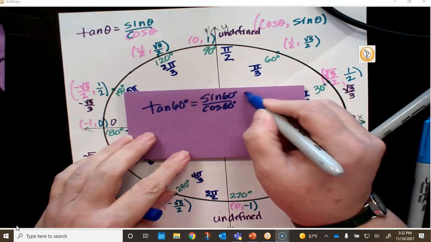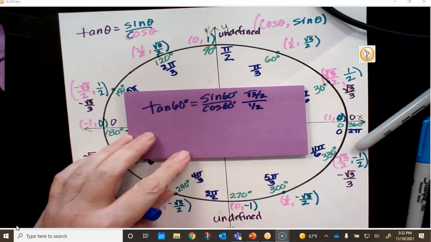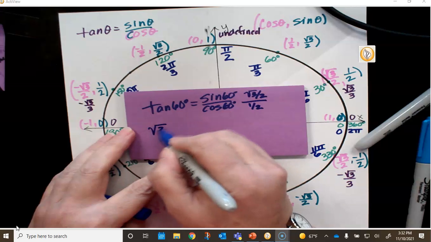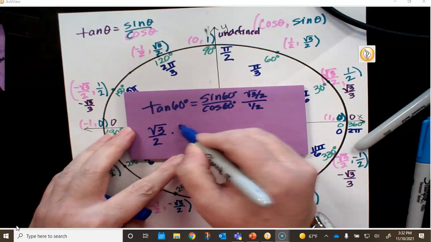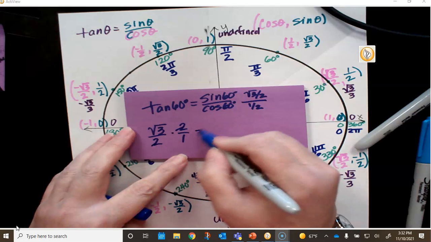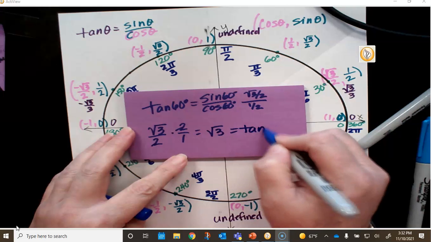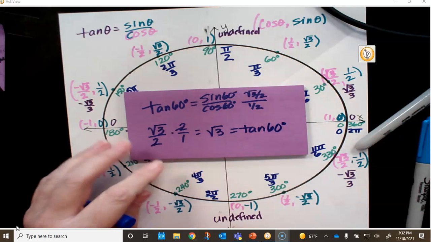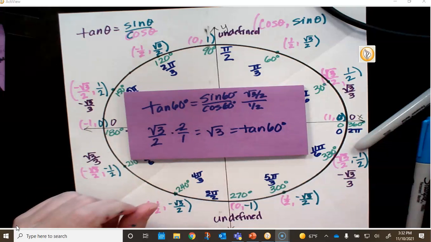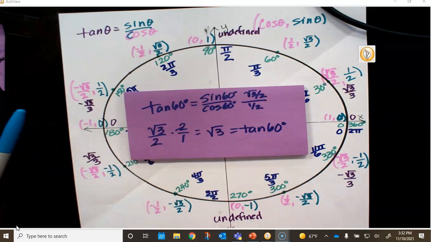So that's the square root of 3 divided by 2 divided by 1/2. So we have the square root of 3 over 2 times 2 over 1. The 2's cancel, so we just have the square root of 3. So that's our tangent of 60. Which means that the tangent here is the square root of 3.